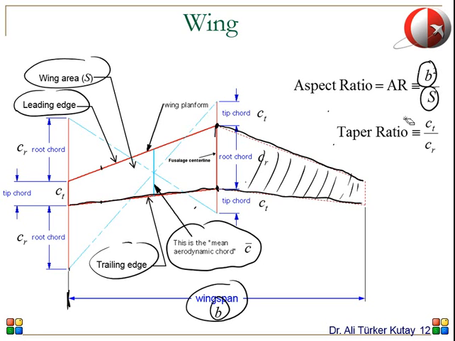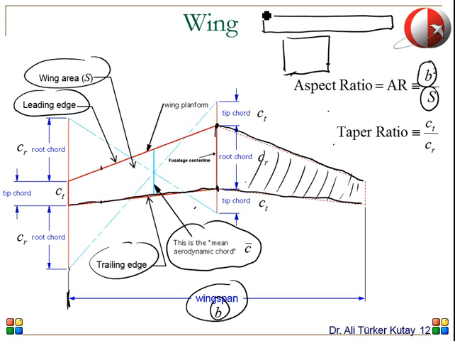Anyway, so the aspect ratio tells you how long and slender your wing is. So for example, let's consider these two wings. They both are in the shape of a rectangle, and the difference between the two wings is expressed by using this aspect ratio number.